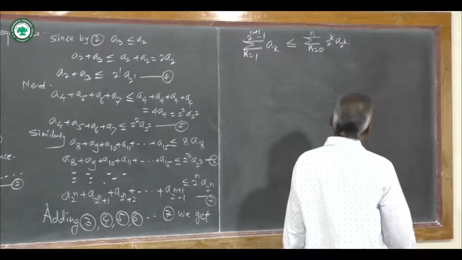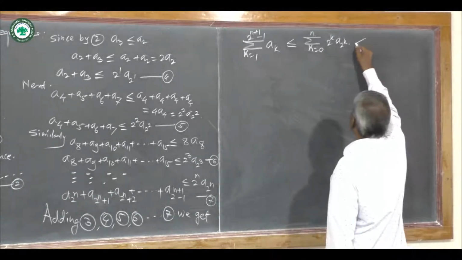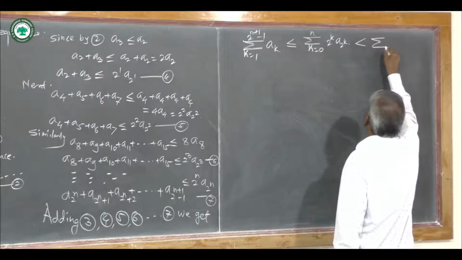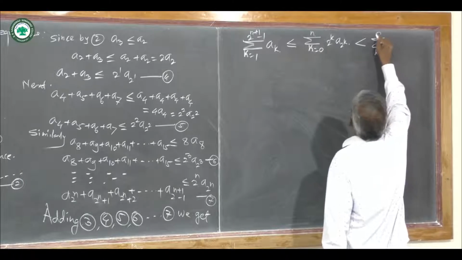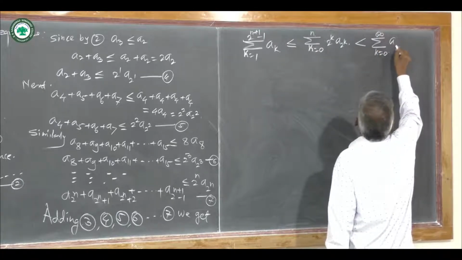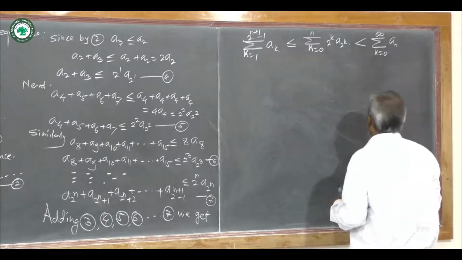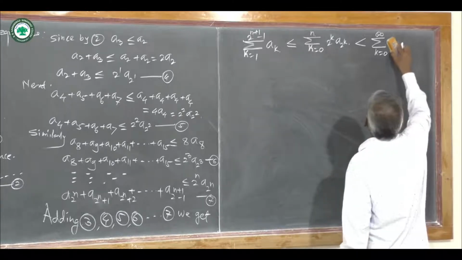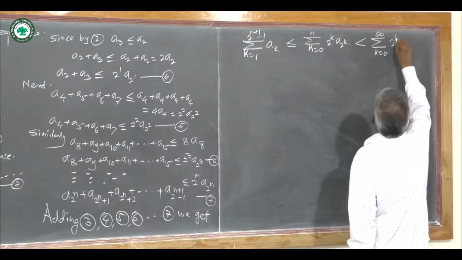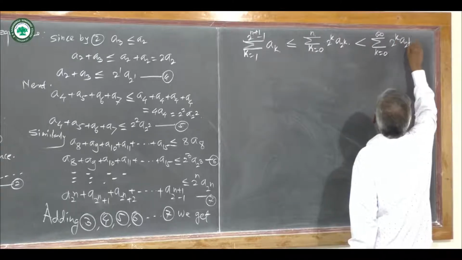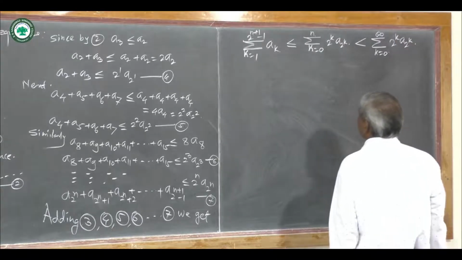This is less than sigma k is equal to 0 to infinity 2 raised to k into A suffix 2 raised to k.